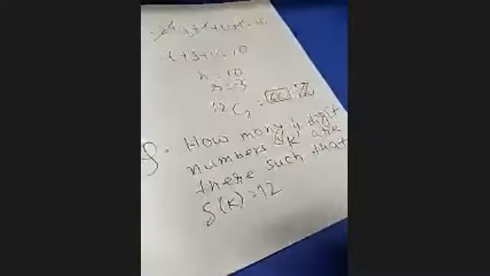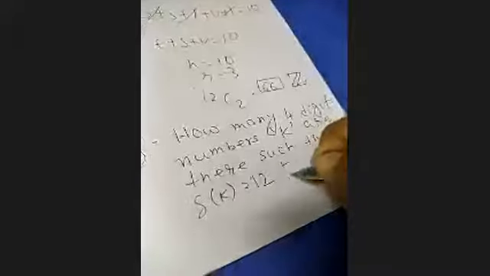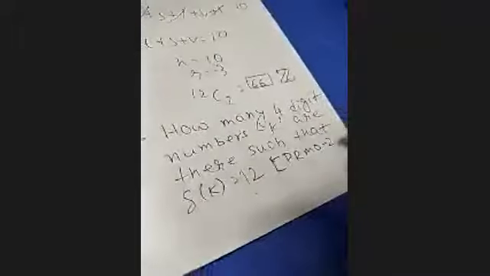Delta K equal to 12. So this is no doubt a PRMO 2-marker question, not 3-marker. PRMO 2-marker only.